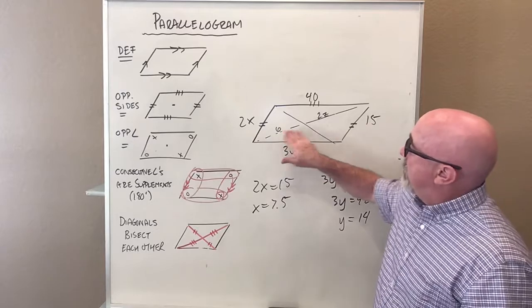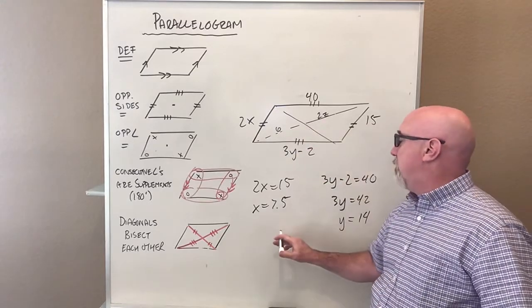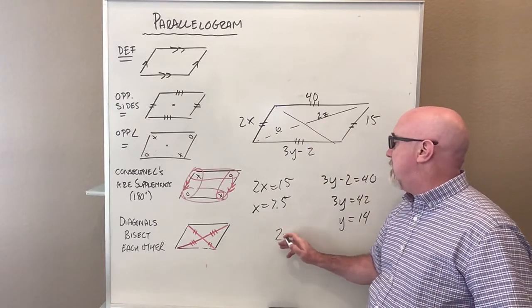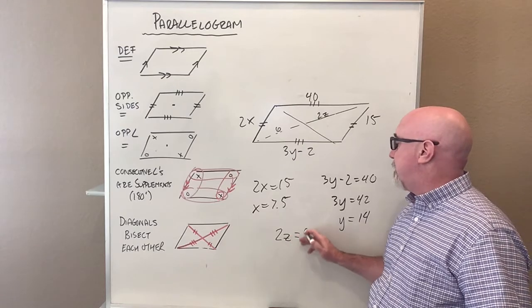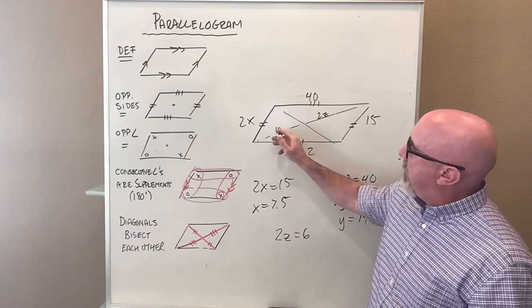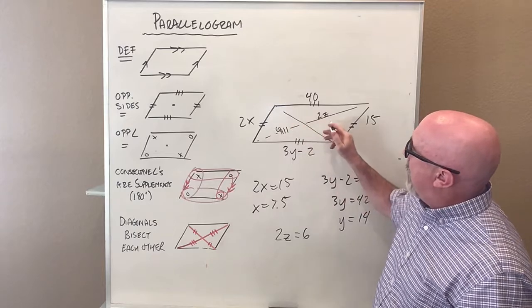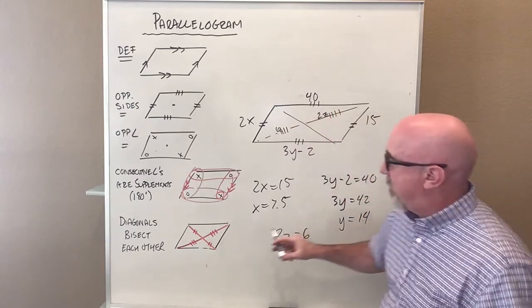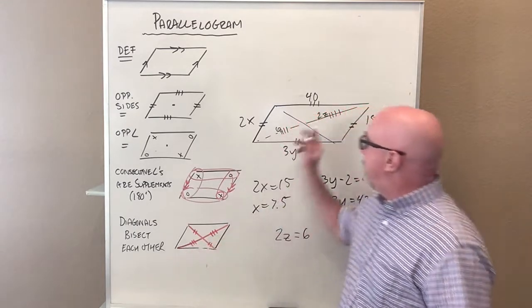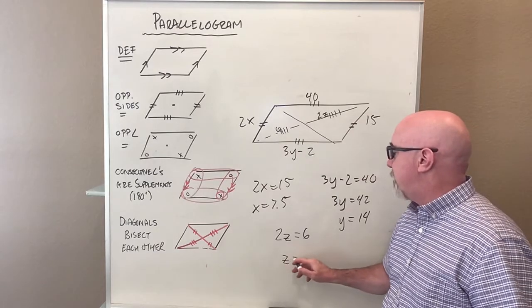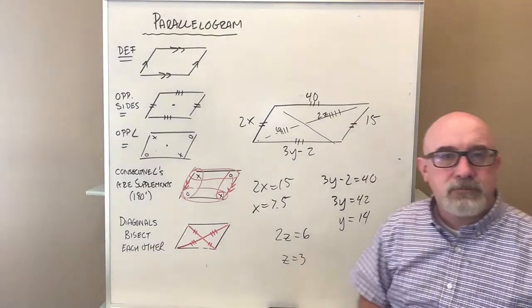Now the last one is your diagonals in here, which would be 2z equals 6. Why do I know that? Because diagonals are bisectors. Diagonals bisect each other, and so z equals 3 would be the way to do that. Okay?